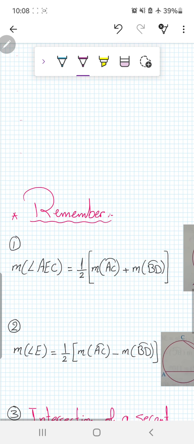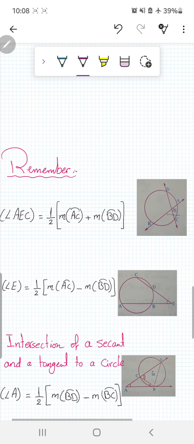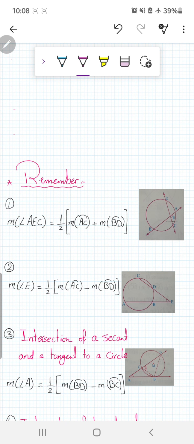We have some remarks we studied last year. Well-known problems: if two chords intersect at a point inside the circle, the measure of angle AEC, or angle DEB, because they are vertically opposite angles, equals half the measure of arc AC plus the measure of arc BD.